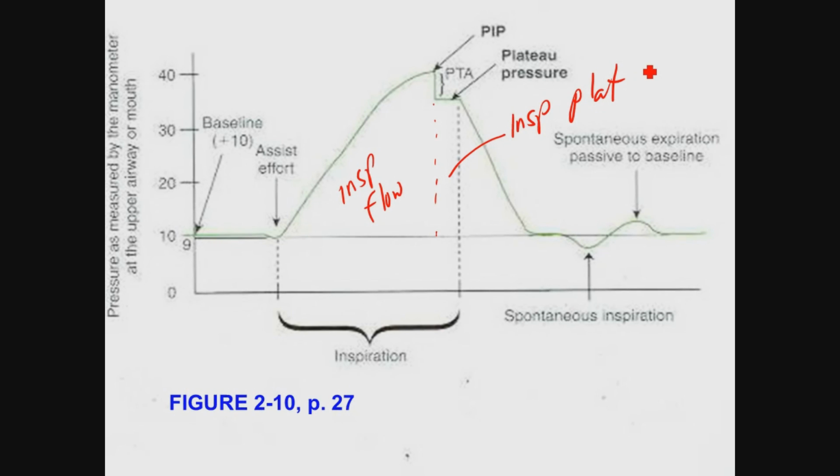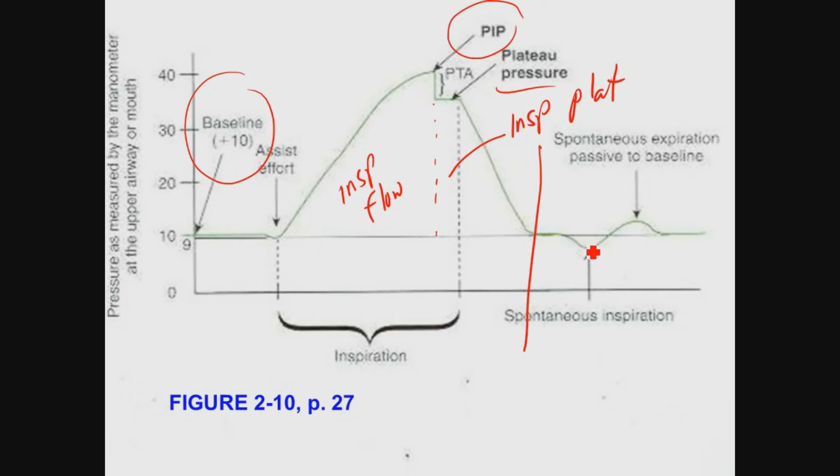Okay, so I see my baseline pressure here. I see my PIP. In this case, the PIP happens to be the same as the end inspiratory and my plateau. Contrast that with a spontaneous breath. Spontaneous breath means that I have a drop in inspiratory pressure and a rise in positive pressure to exhale.